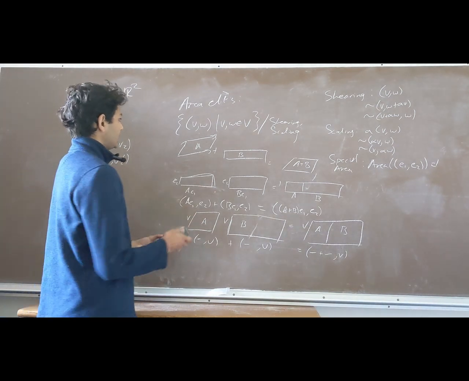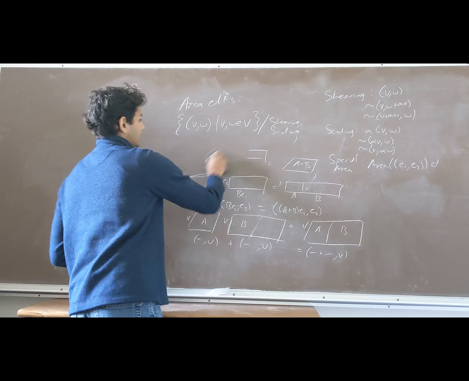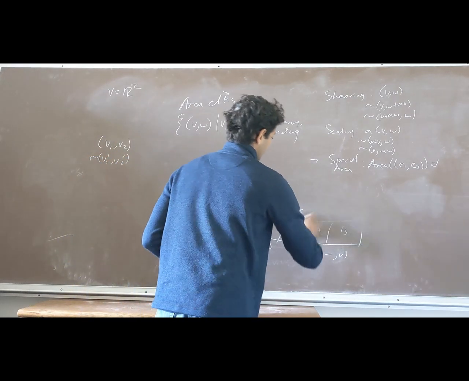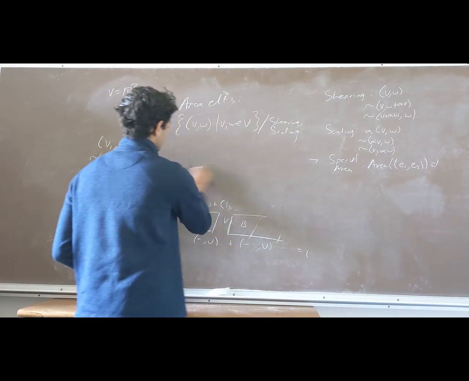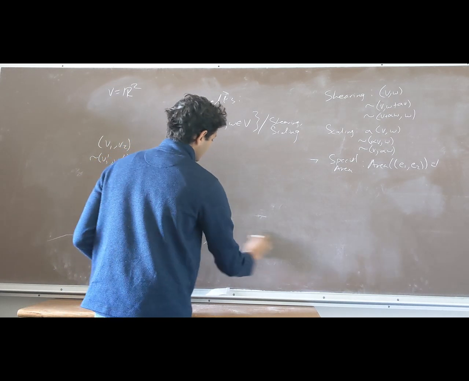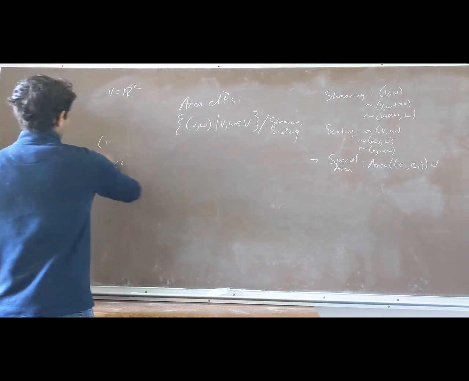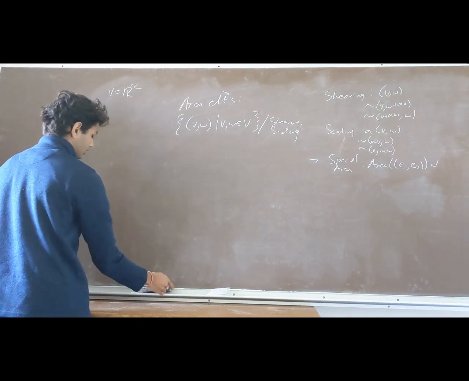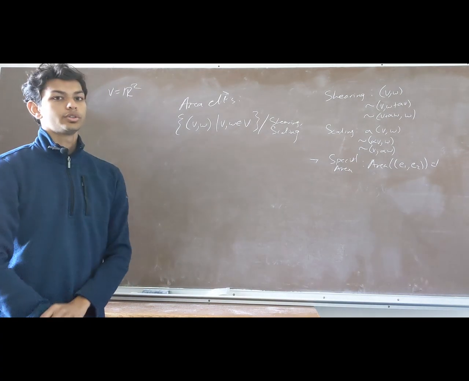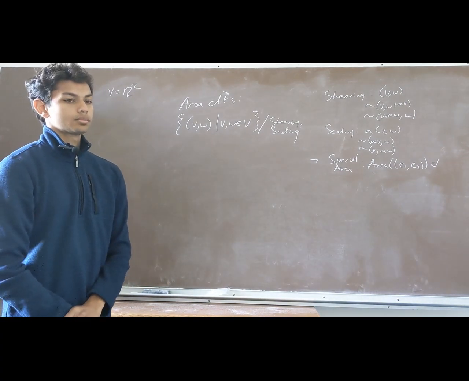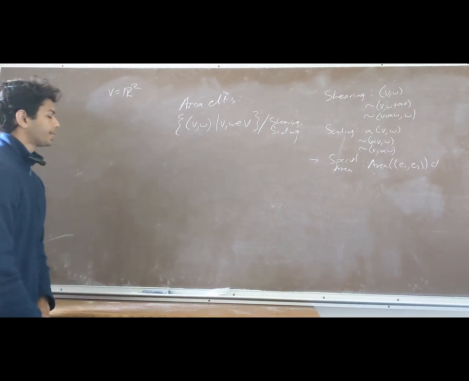So it's kind of an ad hoc way to describe addition, but it does work to give us a well-defined addition on this vector space, and so we have achieved our goal of getting a vector space of things which describe areas and on which we're able to do addition and scalar multiplication.